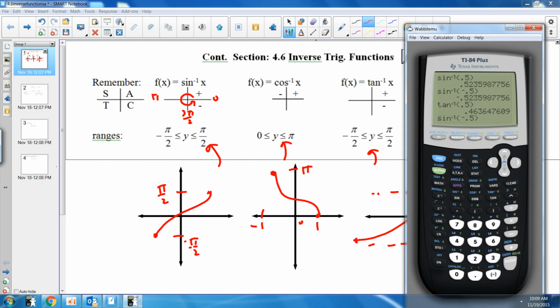So it's tangent inverse of a negative 0.5. That answer should be a negative because we're defined in that fourth quadrant there, and it is. And now watch what happens with the cosine, inverse cosine.